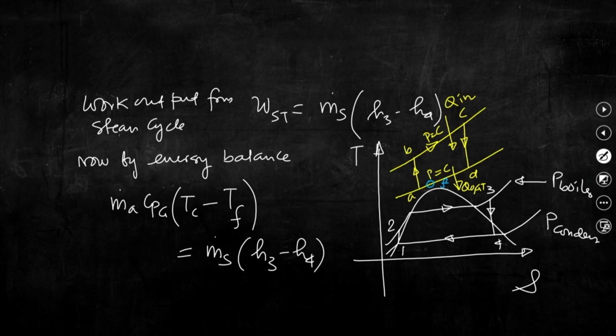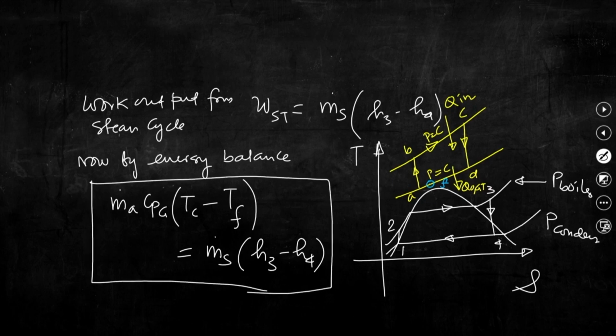So, basically this is the energy balance: the energy supplied into the gas, m dot S Cpg into Tc minus Tf, would be equal to m dot S into H3 minus H4. So, this is the expression we can write from the energy balance, right. Part of that energy is producing gas turbine work, and the remaining part is utilized to produce steam turbine work.